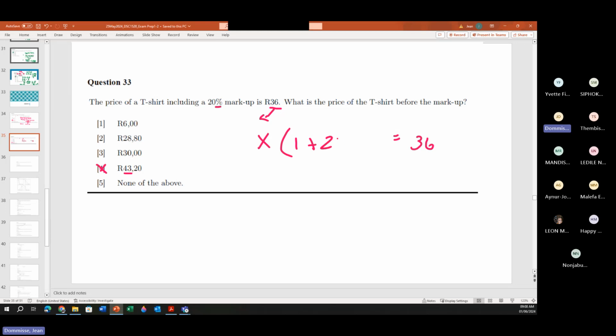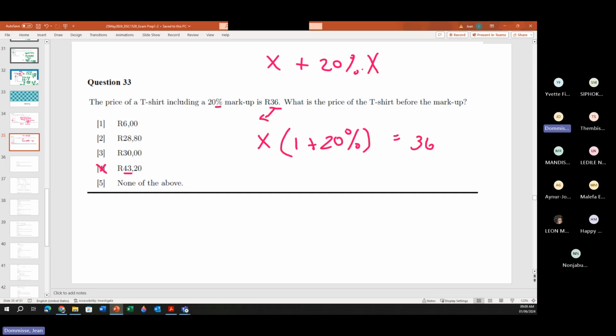We can rather write it as X plus 20% times X. Because with that original one that I wrote, we don't know what the 20% is linked to.